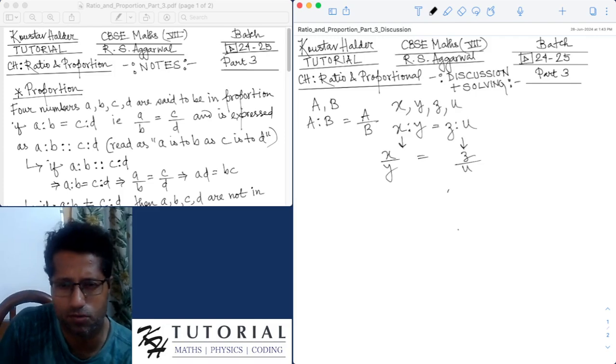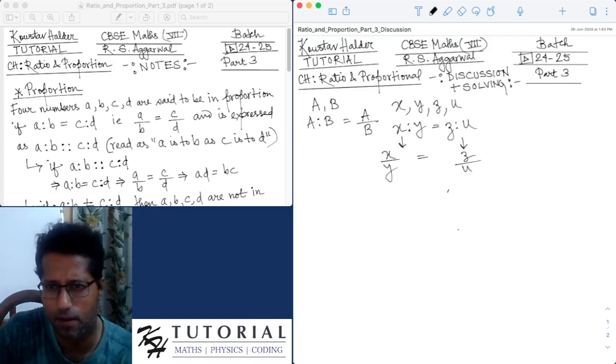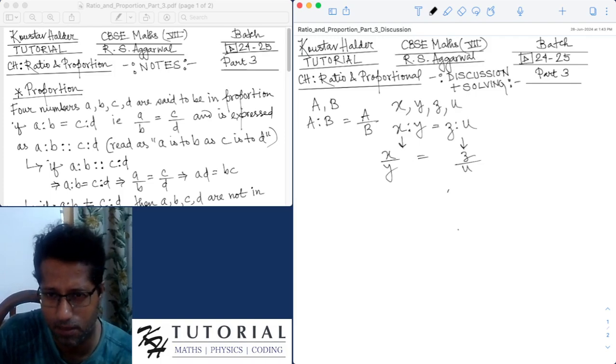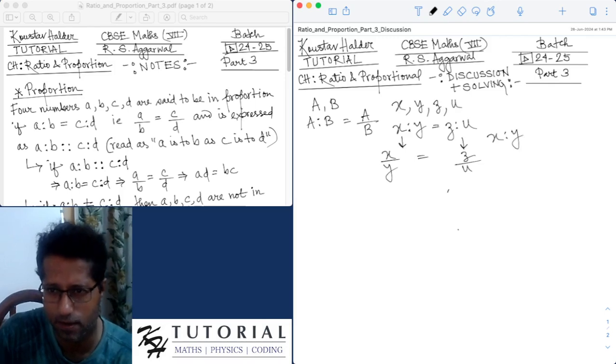Now, the two ratios being in proportion is expressed mathematically like this: x is to y is the ratio between x and y, and this double colon we use to mean the equality of two ratios.